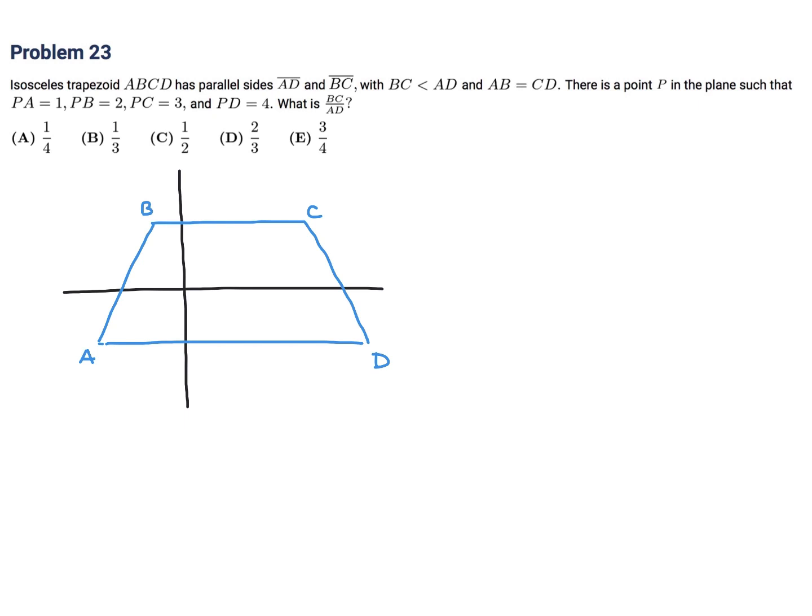So A, I will call x1, y1, like that. And then B is x2, y2. C will have the same y coordinate, but it'll have a different x coordinate. And then D will have the same y coordinate as A, but it will definitely have a different x coordinate.